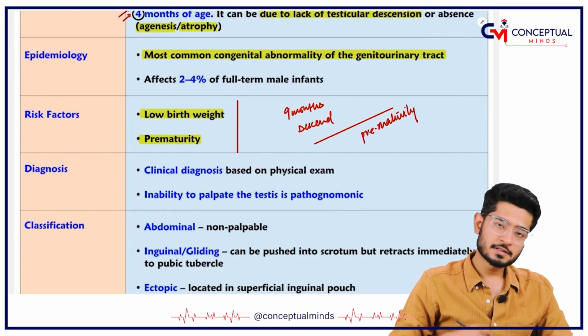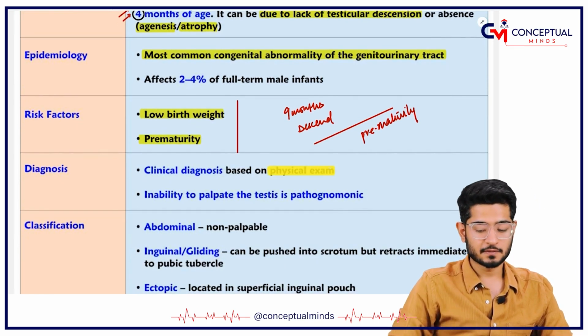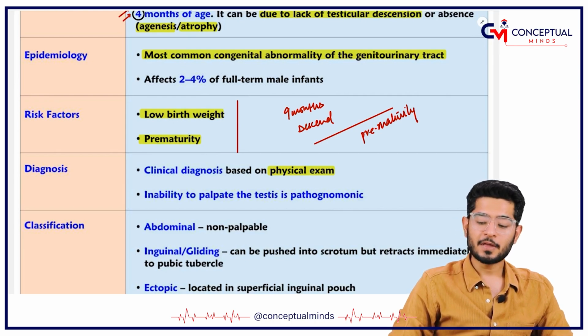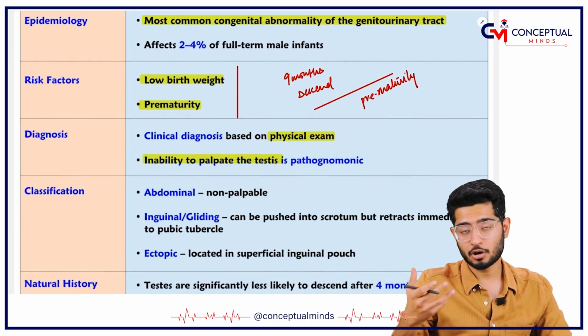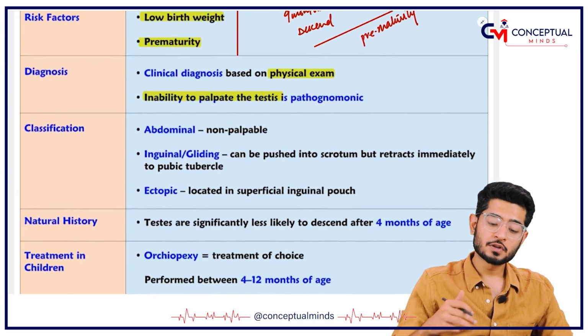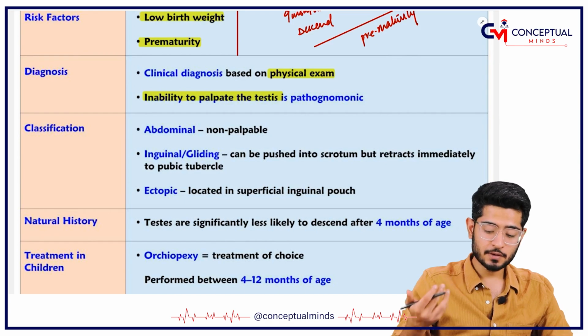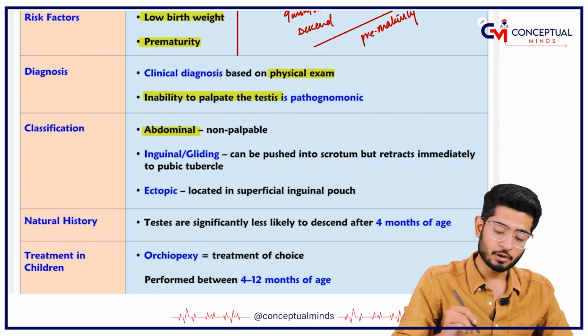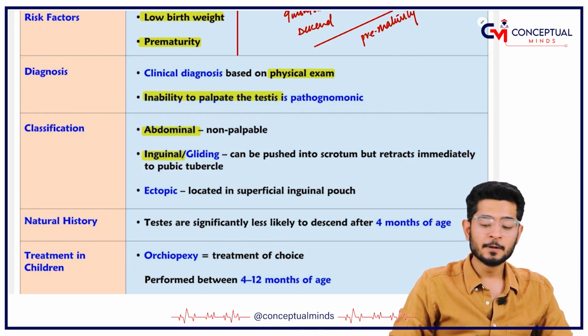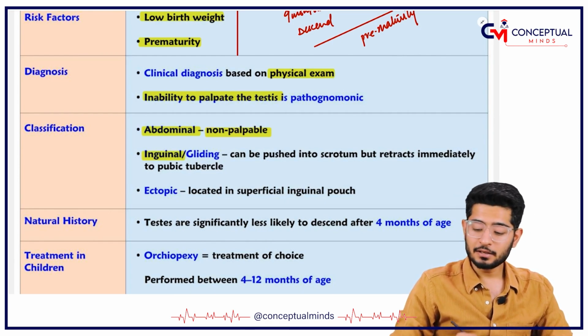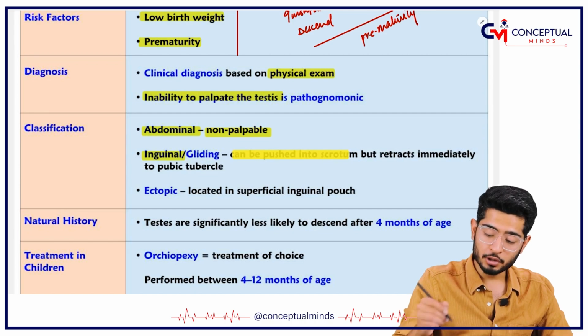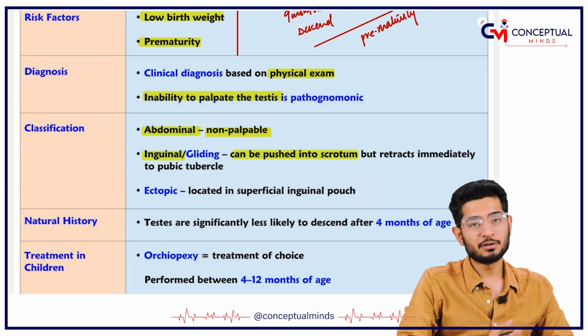Now, clinical diagnosis is made on the basis of physical examination, and if you are unable to palpate the testis, it is the pathognomonic finding. There are 2-3 things you have to understand. Either it can be abdominal or it can be inguinal. If it is abdominal, of course it is not palpable. If it is inguinal, it can be pushed to the scrotum but retracts immediately to the pubic tubercle.